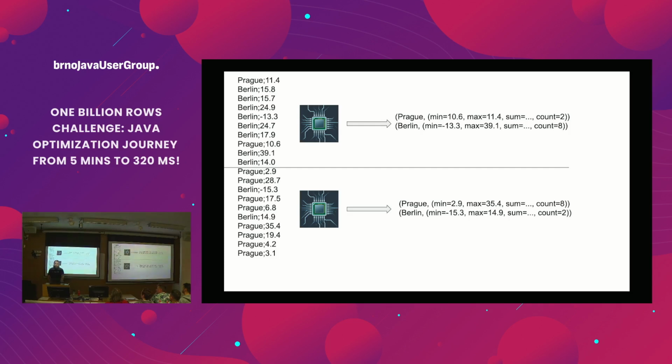So if we have 8 cores, we chop it into 8 chunks. We allocate a chunk to a worker, and then the worker will do the thing. And then once every single worker is done, we do the second layer of aggregation, and we have the results. Works pretty well until you are in the low 2 to 3 seconds.